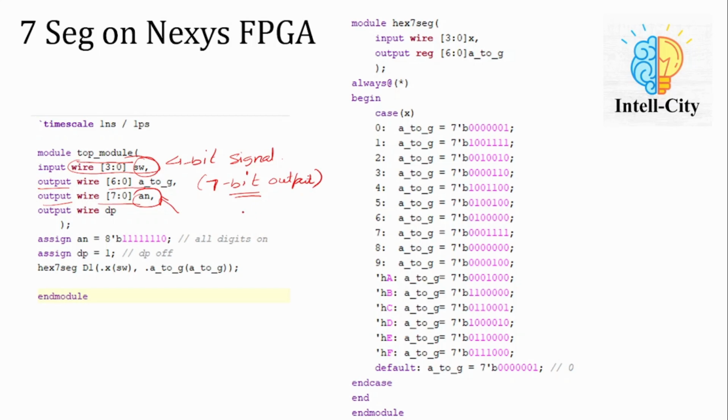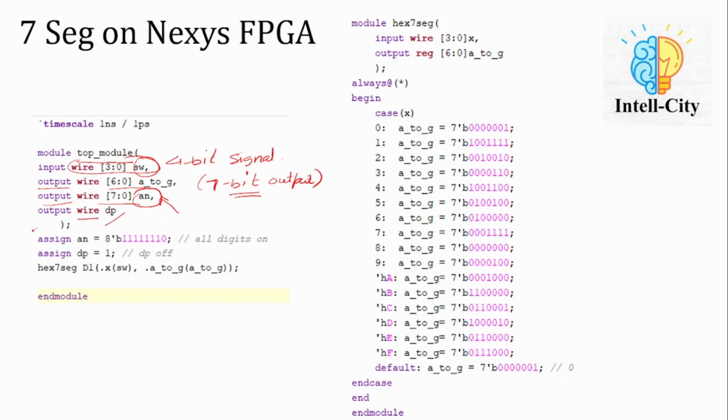Whichever 7 segment digit you want to enable, you just have to make it 0, and it will be enabled. Here we have another 1-bit signal, that is DP, the decimal point. The decimal point is also connected to all of the 7 segments.